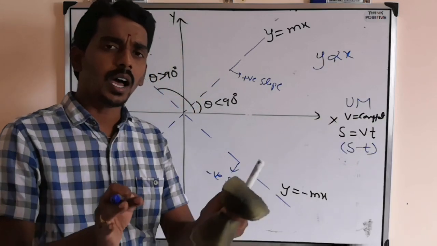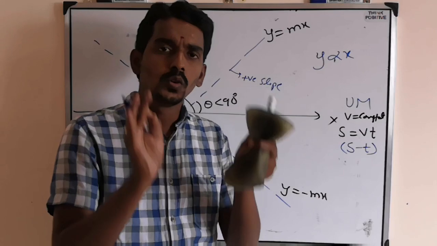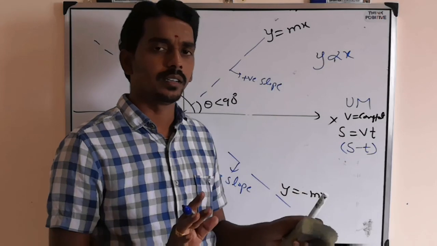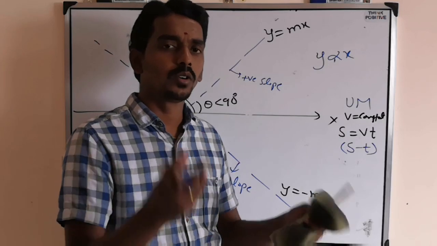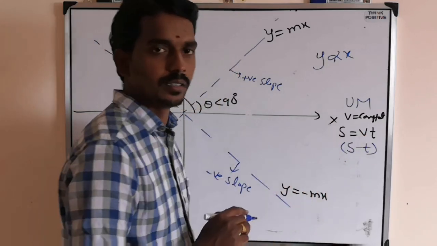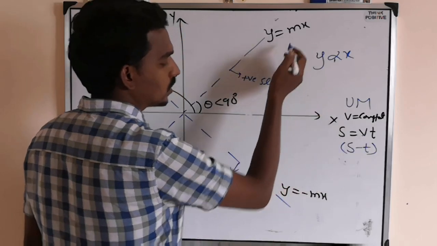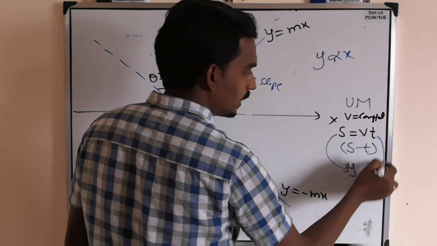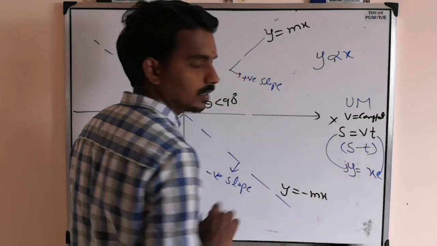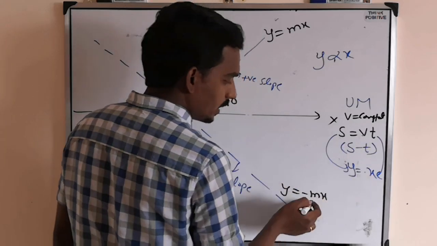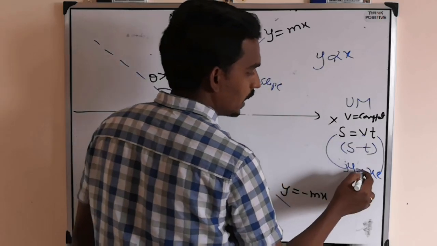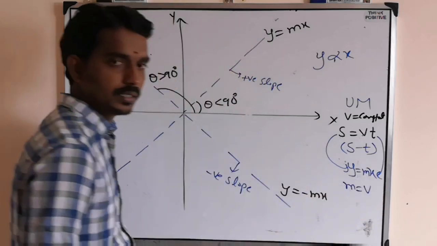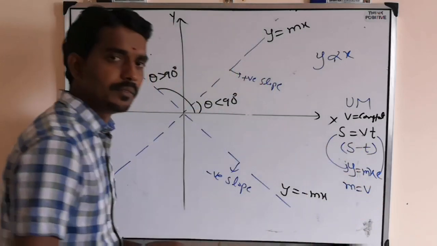They will ask draw the ST graph for uniform motion. So uniform motion, velocity constant. So ST relation, S equal to Vt, but V constant. Then you can compare with this or this. Like S is on y axis, t is on x axis, and some constant is nothing but slope, m, where slope is nothing but V here.